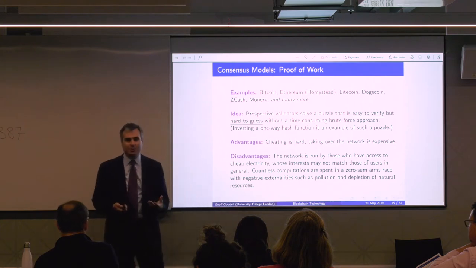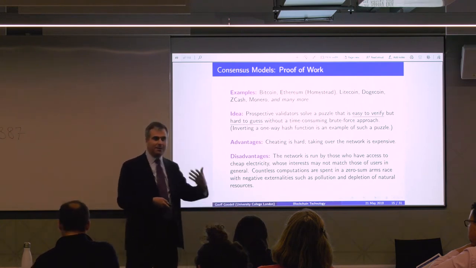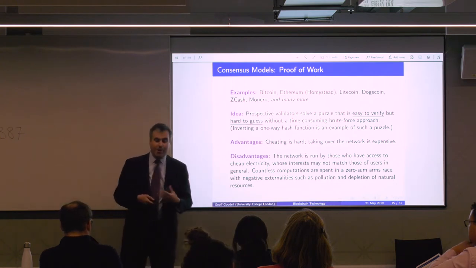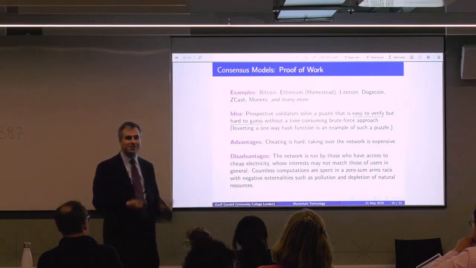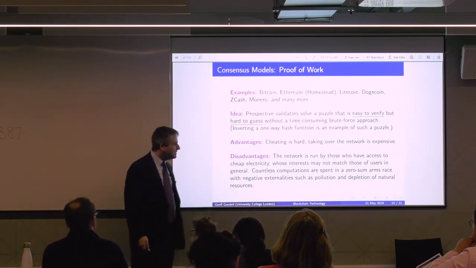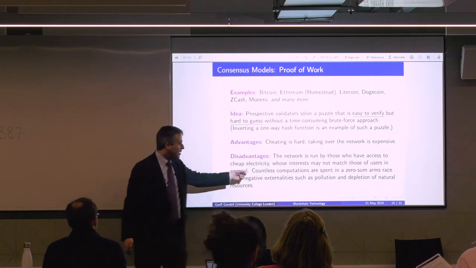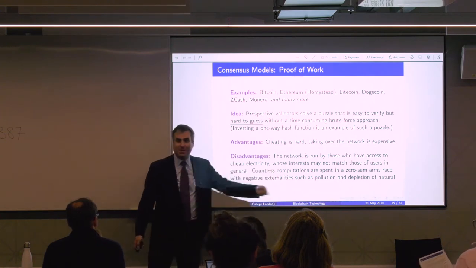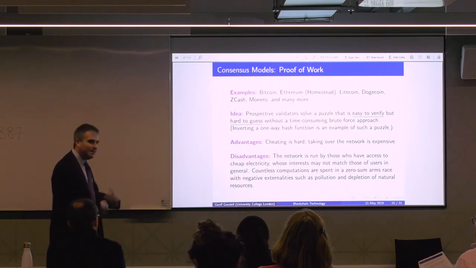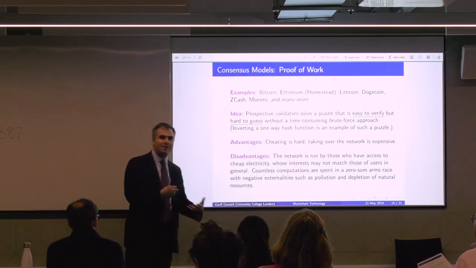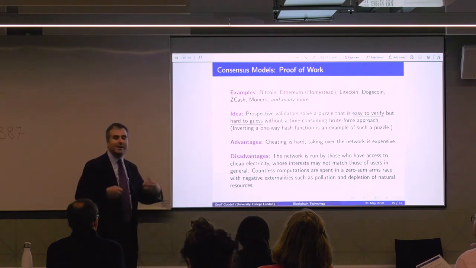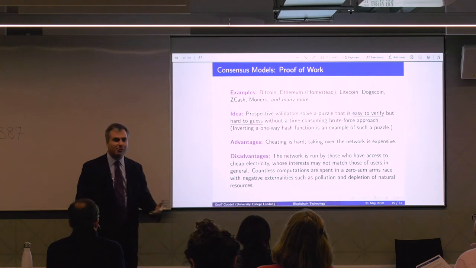And there are mining pools in the case of Bitcoin and some of these other proof-of-work systems that people have argued are actually under control of a very concentrated set of individuals or groups. And another property is that we have that zero-sum arms race associated with being faster than the next group. And that raises some of these questions about the environmental sustainability of these kinds of systems or the negative externalities more generally.